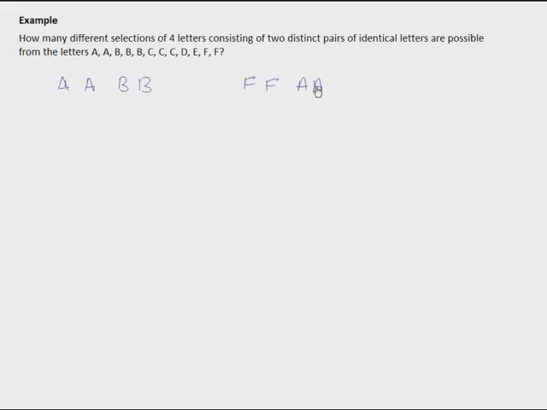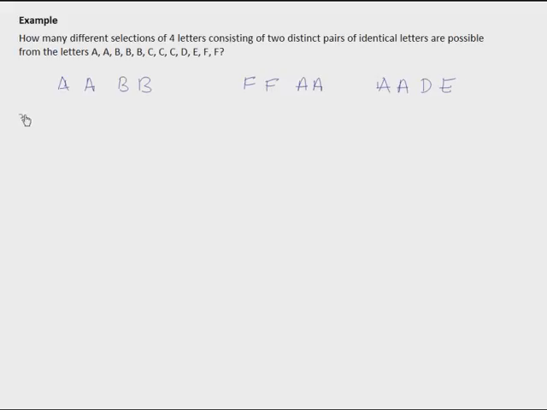Of course, since I'm selecting, any permutation of AABB will be counted with AABB. It will not be a separate selection. Certainly, I cannot have AADE because D and E is not a pair of identical letters. So, how many different letters do I have in all from which I can choose?